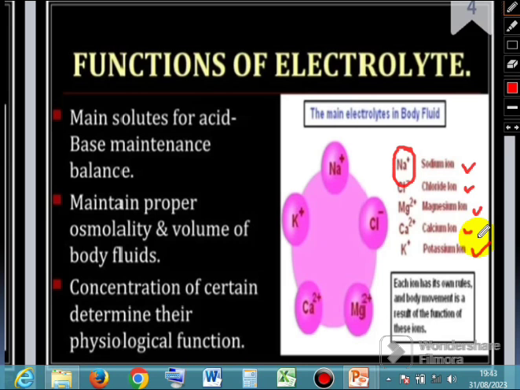Good. Well, how about potassium ions? Functions of potassium ions. Okay, your hand is up.